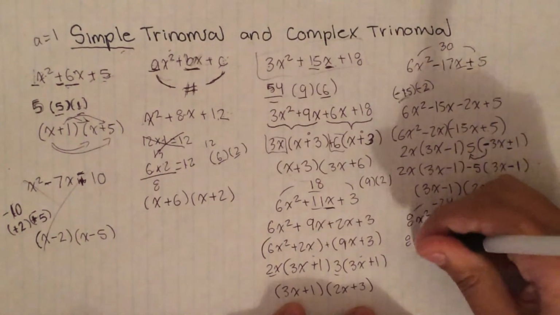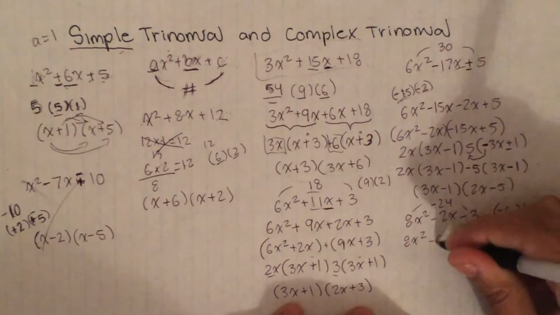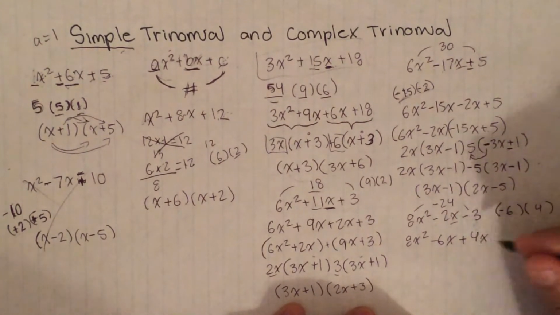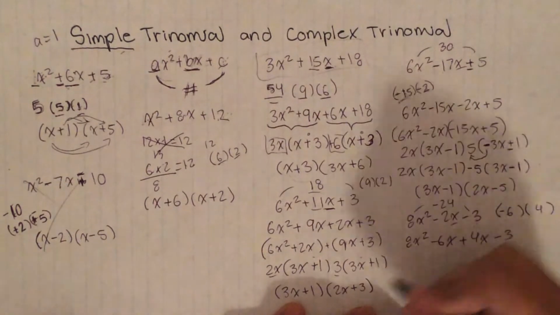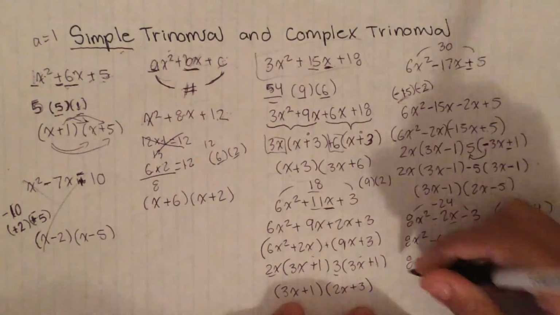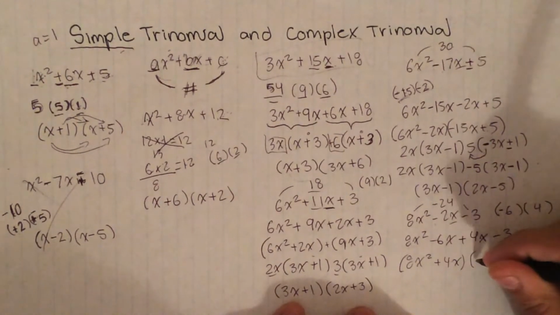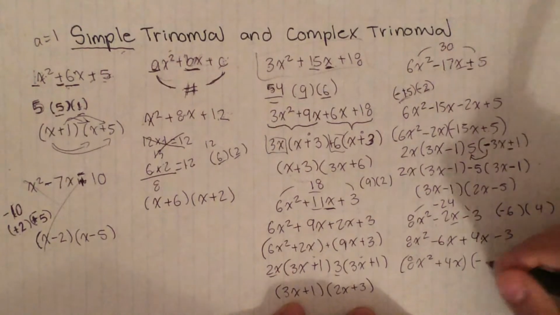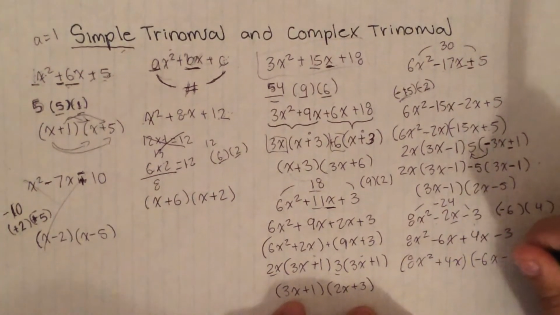Now we're just going to do what we did before. Negative 6x, and then plus 4x minus 3. We're going to rearrange it, so 8x squared plus 4x, bracket, and then negative 6x minus 3.